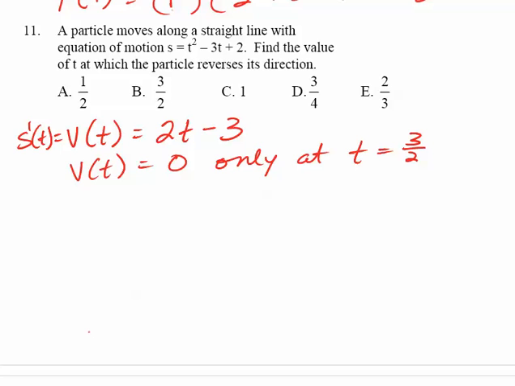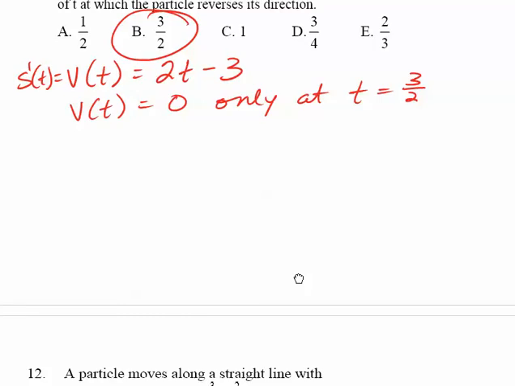So that's the only time when it could reverse direction. So when time is less than 3/2, our velocity would be less than 0, so it'd be moving to the left. And when t is greater than 3/2, our velocity would be positive, and it would be moving to the right. So it can only change directions at 3/2.